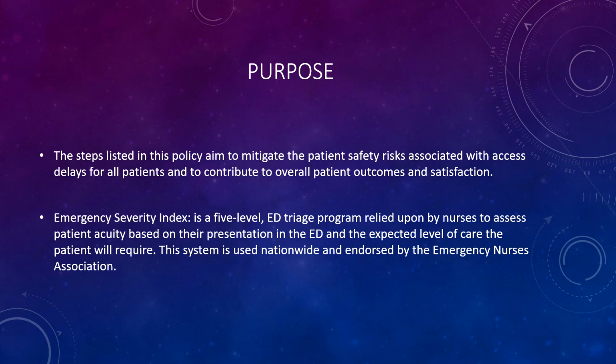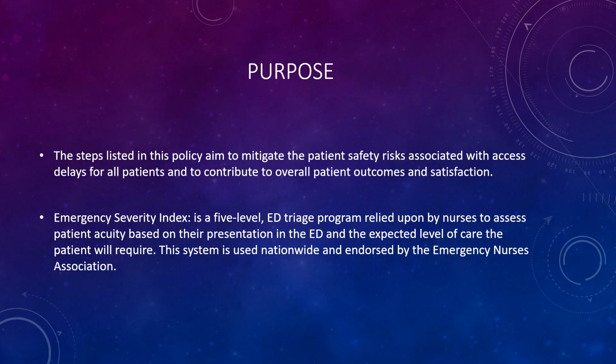Category 1, if you want to think of it this way, is your patient who is actively dying or on the verge of dying, so acute, significant respiratory failure, your heart attack patients. In the ER we call it code 99 when there's CPR in progress. Obviously, these types of patients require a very high amount of both personnel and resources, so they will always take precedence over all of the other patients in the emergency department.